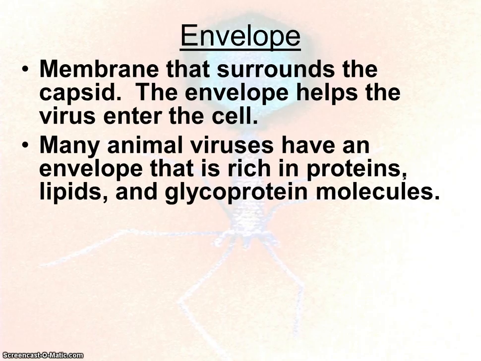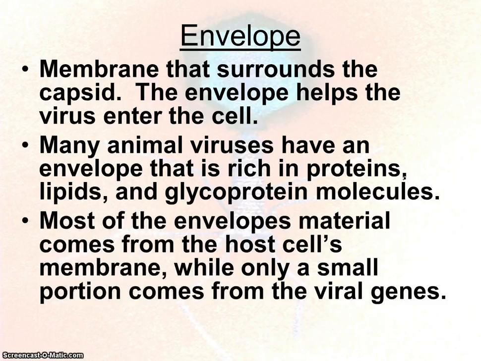Many animal viruses are going to have membranes. They're going to have the glycoproteins that allow for reception, like receptors. I want to say most of them are going to be RNA viruses as well. Not all of them, but most of them.